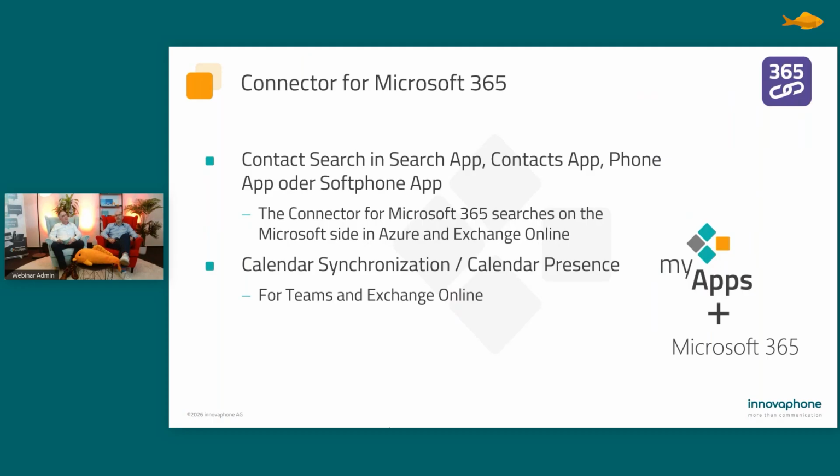And then we are using the recommended API from Microsoft, because that's the only one which is left over, the Graph API, for the synchronization. And once we have touched this API, we also have added some more features.